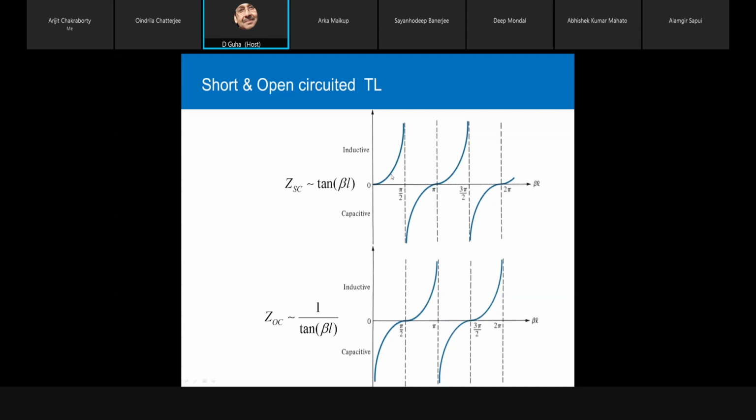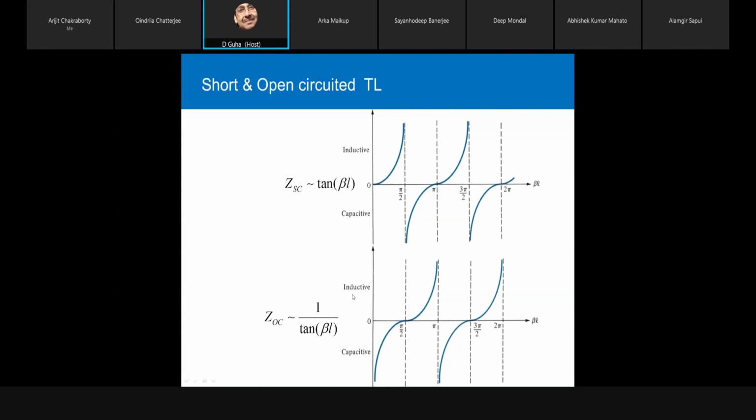So it is giving you inductance. As soon as you make it open, because it is short, as soon as you make it open, it will give you capacitance. So it all depends what length you can afford or what kind of termination you can afford, short circuited or open circuited. So based on that, you can create your required inductance or capacitance in your circuit.